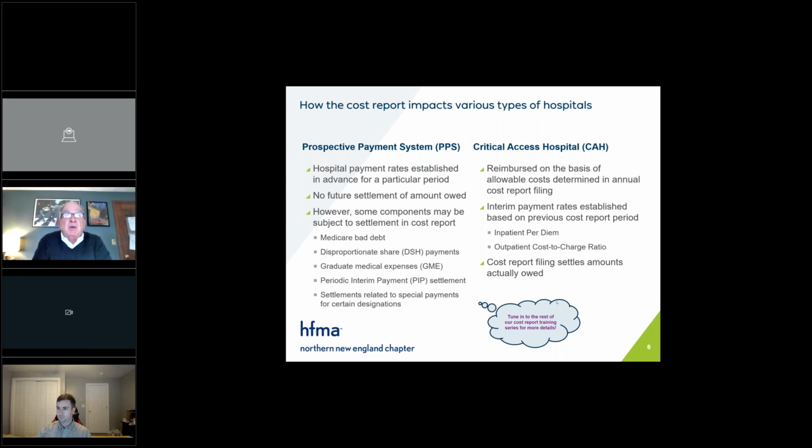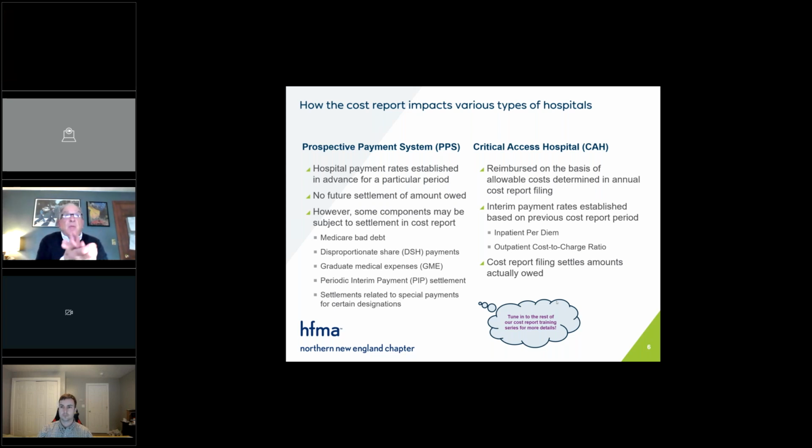But there are items on the cost report that are affected, and there are settlements for a PPS hospital, and those are your Medicare bad debts, disproportionate share, and graduate medical education expenses. If you're getting paid PIP, you'll have a settlement for PIP payments, and any settlements related to special payments for certain designations.